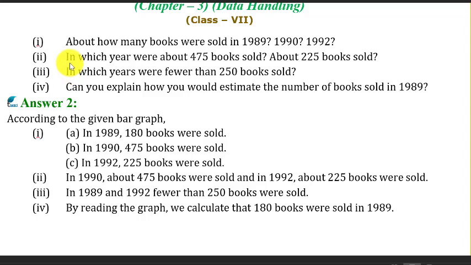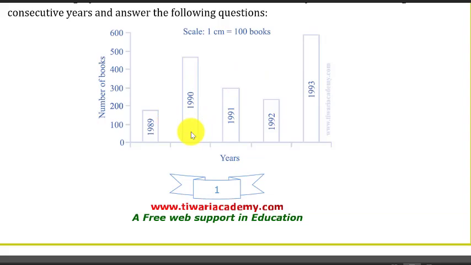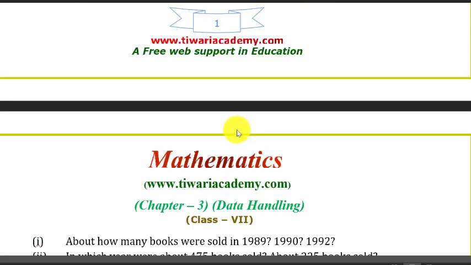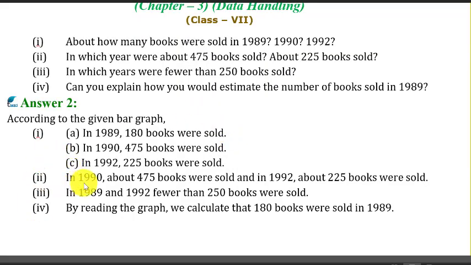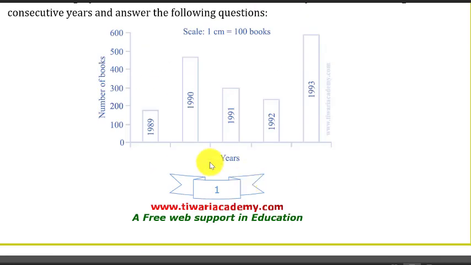The second question is, in which year were about 475 books sold, and about 225 books sold? By observing this, we can say that in 1990 about 475 books were sold. In 1990 it is in between 400 and 500.